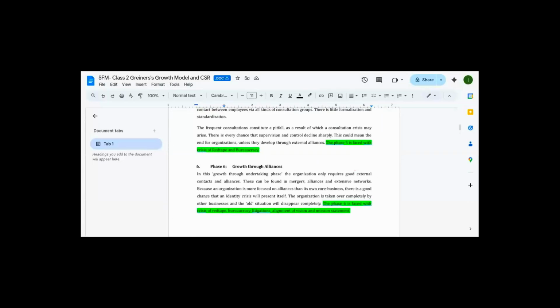I said that we have 3 types of strategic alliances. Alliance is called a cooperative strategy, and it is divided into 3 types. We have corporate level strategic alliance, which comprises 3 types.